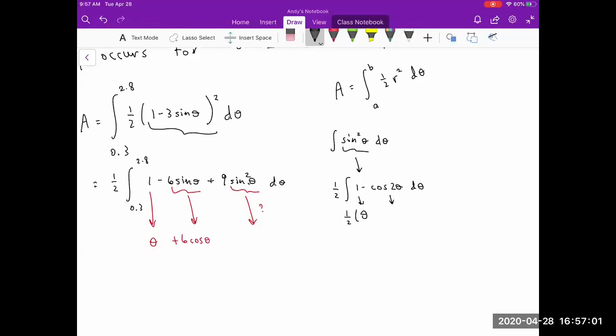Antiderivative of negative cosine is negative sine. Since it's of 2 theta, we have to divide by 2. And then there's plus c, but since this is a definite integral, we don't care about the plus c part. And then distributing the 1/2 will give us 1/2 theta minus 1/4 sine of 2 theta. Perfect, so that's what goes here.